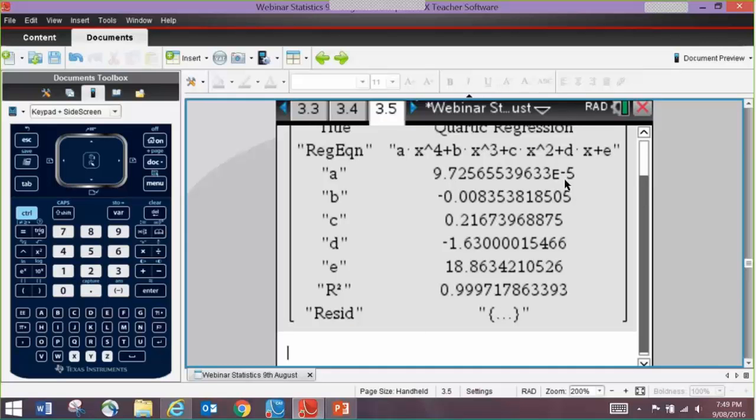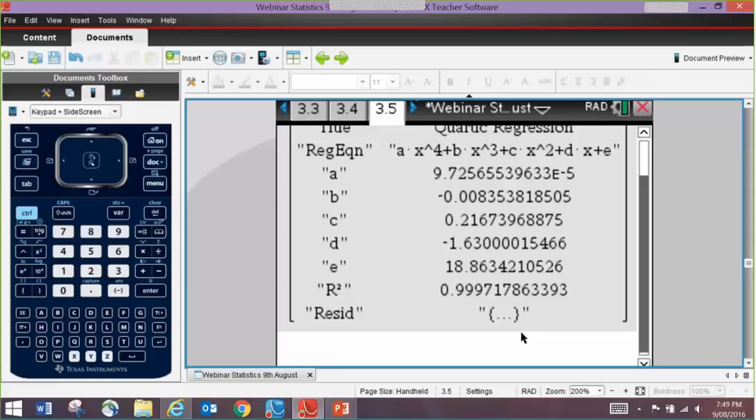But when you look at the coefficients, the coefficient of the A on the x to the 4 is a really tiny number, which brings into question whether it's a quartic at all. Would it be best suited as a cubic?